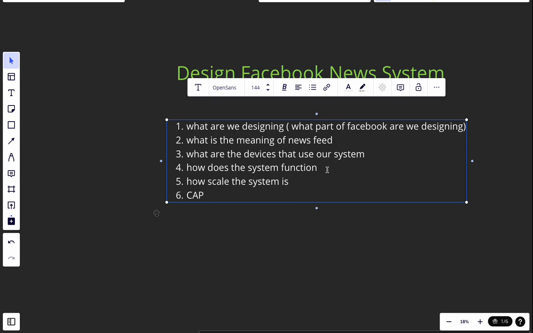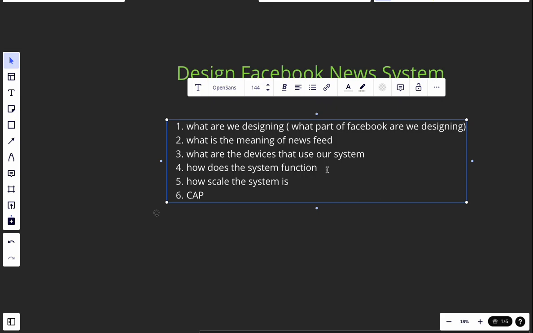Just like the first post you see, that's it. So I could also say, can the feed contain images, videos, or just text? Is it that it can contain media files, including both images and videos? So right now we have asked maybe 3 or 4 questions about how the system functions.